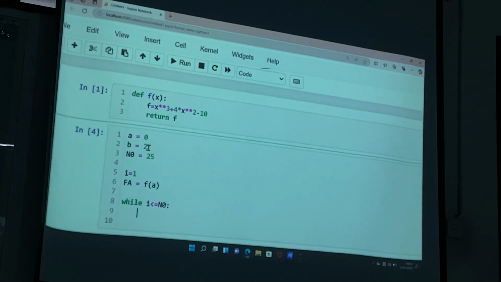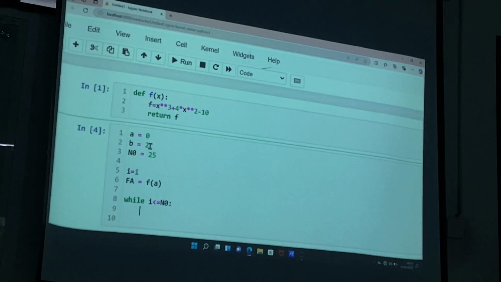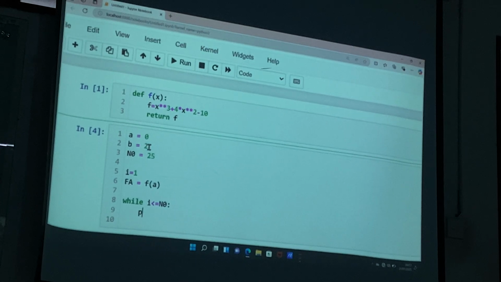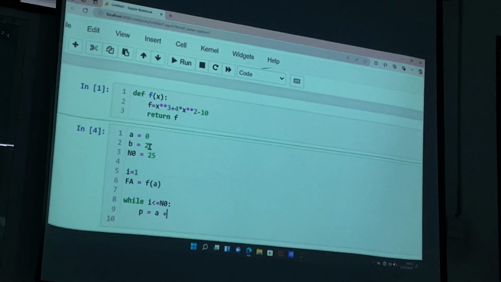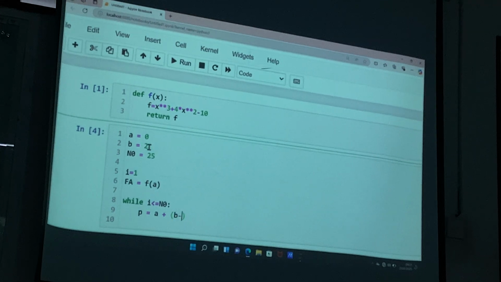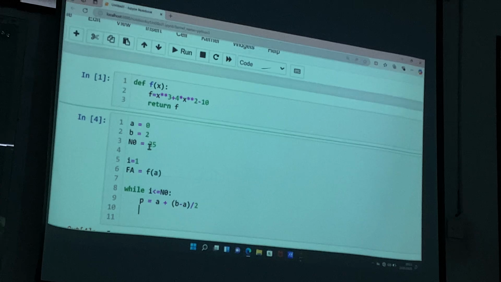The first one is set P, define P as A plus B minus A over 2. And then we'll calculate FP. FP equals f(p).